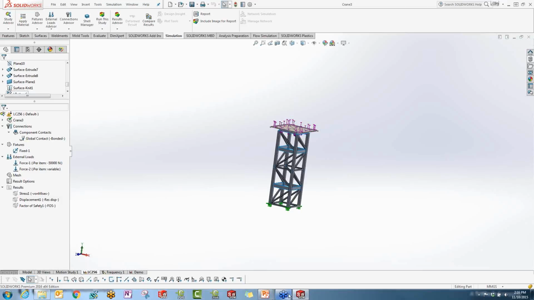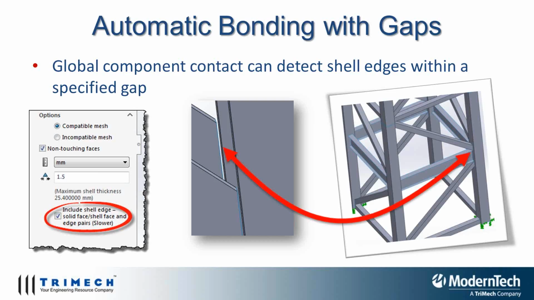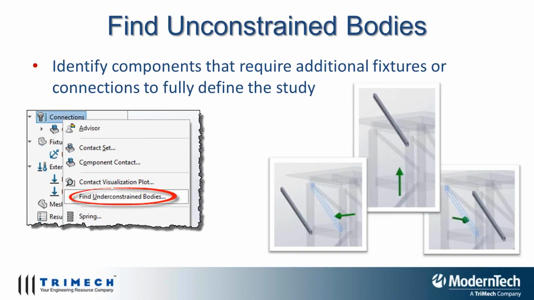The next one is probably the best, or the rockstar enhancement for the structural simulation tool in 2016. I'm sure most of you have experienced or seen the error message while running the structural simulation, which says model is unstable or unconstrained bodies and stuff like that.